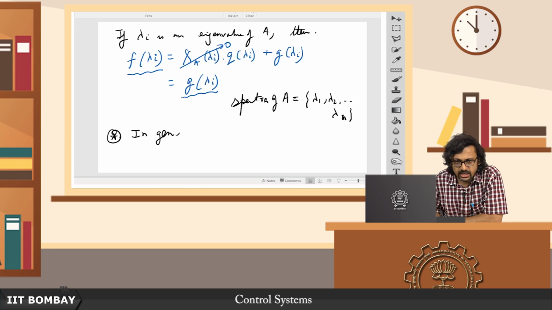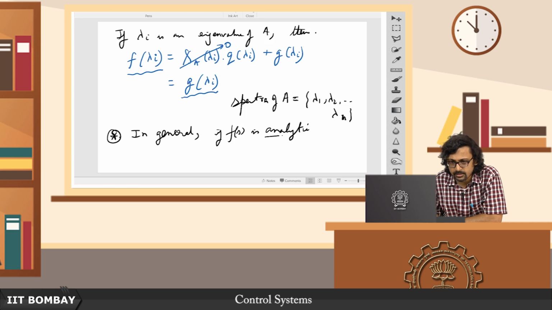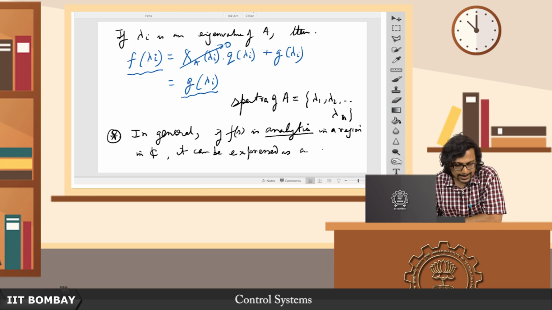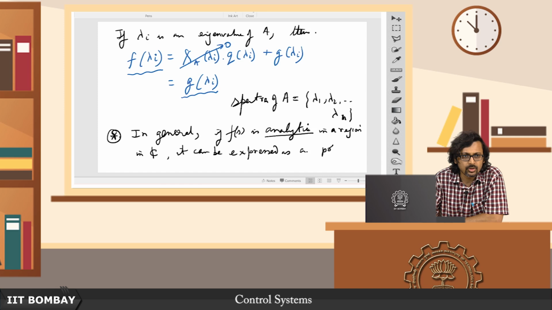So in general, if f of s is analytic, so remember it is a function of a complex variable, so this analyticity makes sense, in a region in the complex plane, in the Argand plane, it can be expressed as, I should not call it a polynomial, as a series rather, in the strictest sense.